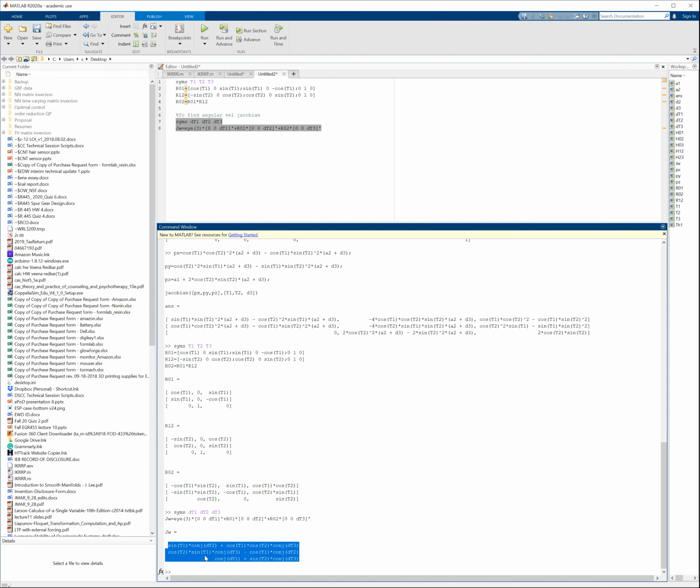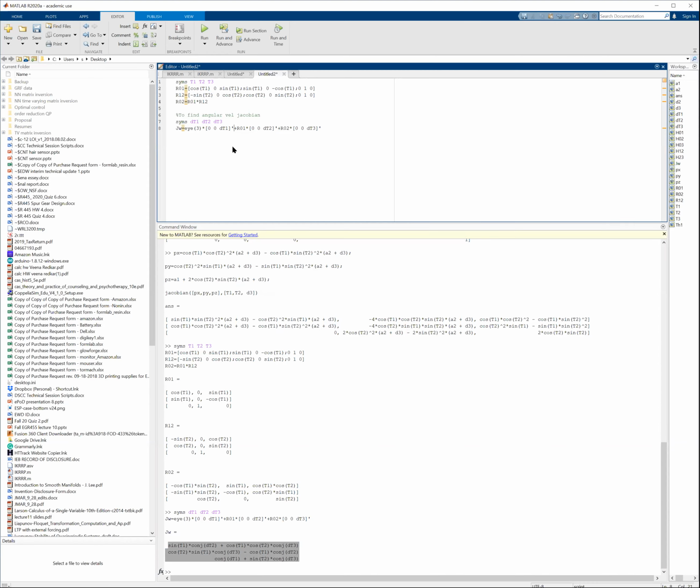Actually, there is something in MATLAB that is doing conjugation, and I don't want MATLAB to be doing conjugation. Let me check something real quick.